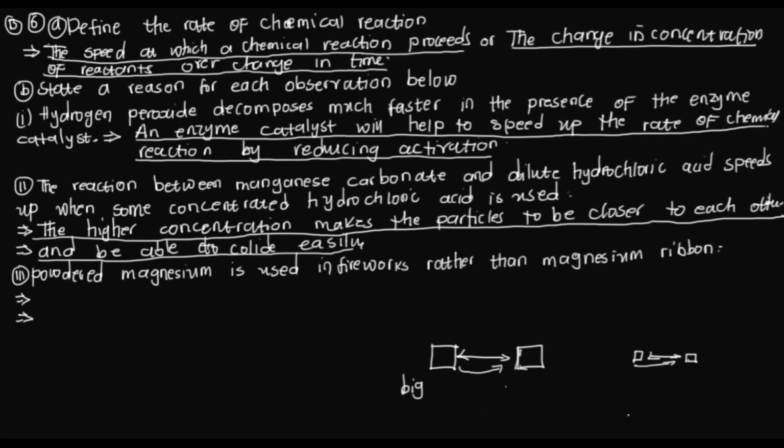So if we decrease the size of the reacting particles, we are increasing the speed of the reaction, because the smaller the size, the higher the speed of the reaction. The increase in the speed of the reaction comes as a result of smaller particles being easier to move compared to big particles.